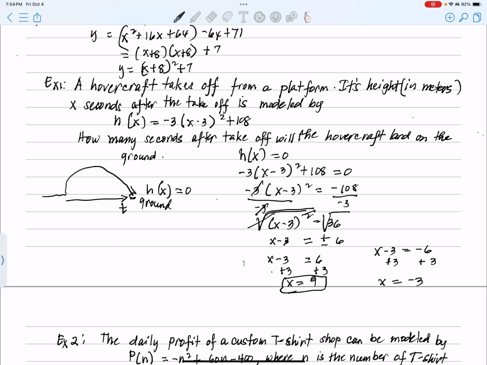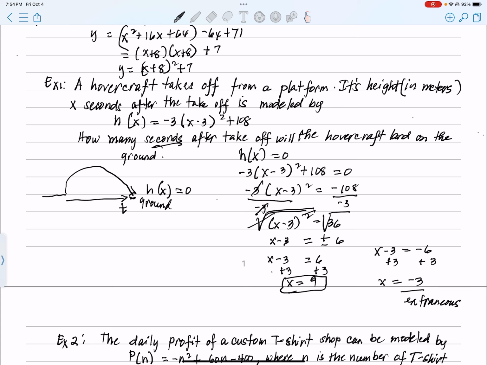And you know, we are asked how many seconds that would be. So when the time is negative, that is extraneous. We don't have time which is negative, right?